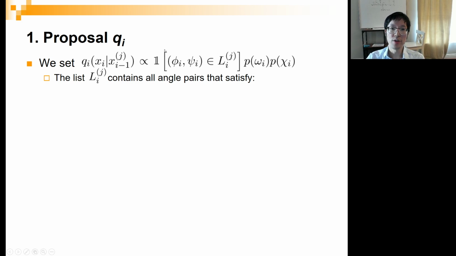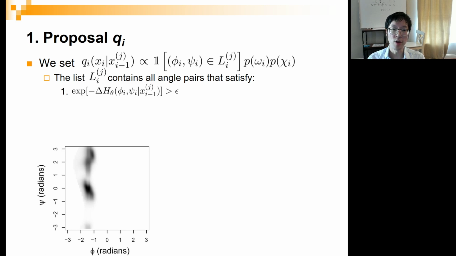How we set it up is essentially to discretize the possible angles and construct a list of angle pairs that satisfies a set of criteria. The first is that these are realistic angle pairs seen in previous protein structures. In other words, there is a non-zero density in the empirical distribution, so that's this region here that's highlighted.